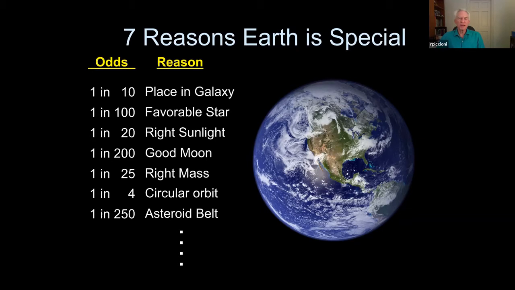So while the media is fond of saying that they found a habitable planet, what they're really talking about is this characteristic here, that the planet is receiving the right amount of starlight so that water could be liquid on its surface. They haven't measured all the other properties of the planet, and so they're not making those comparisons. And it's a lot easier to find 1 in 20 than 1 in 100 billion.